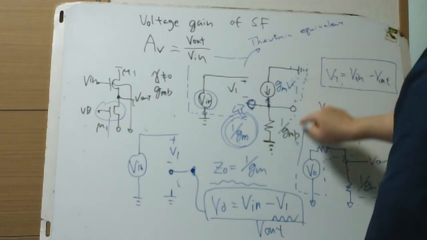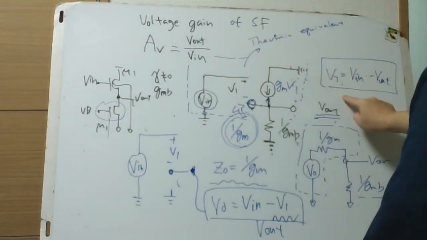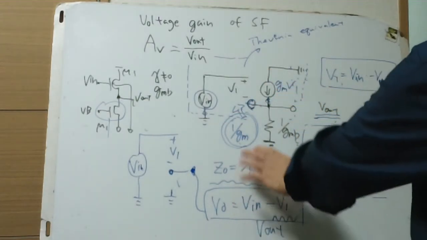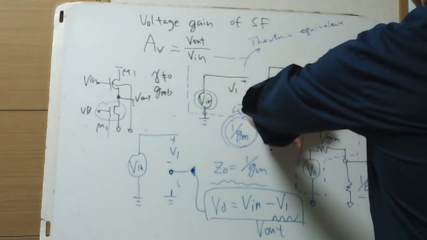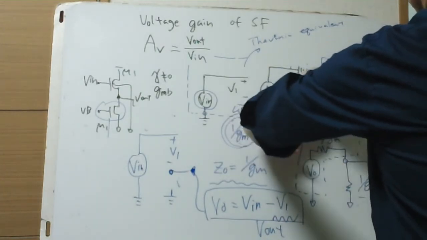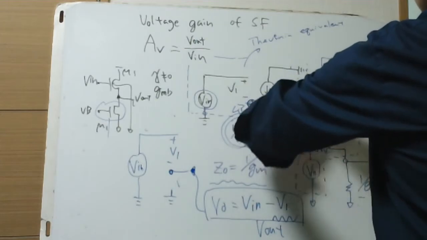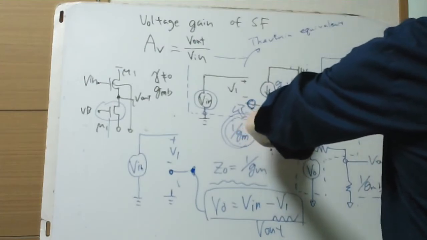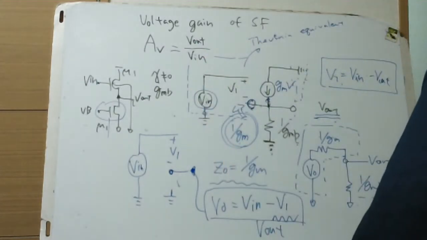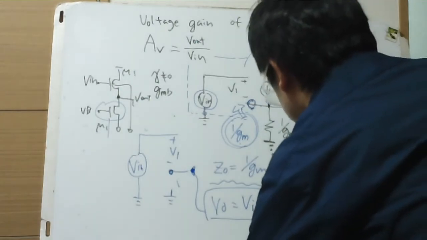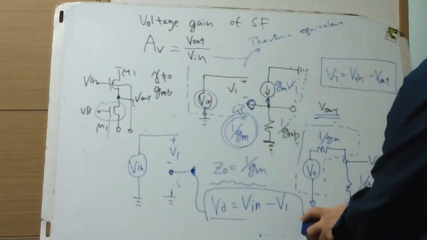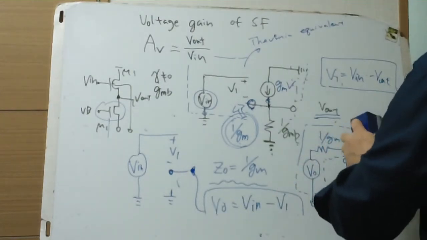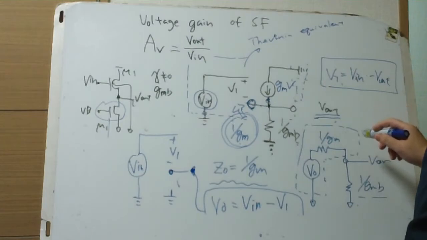This topology is defined by the excluded part, the excluded part of 1 over GM resistance. So this is not V out defined by all of the topology. Vin there, V1 there, but V out never there.